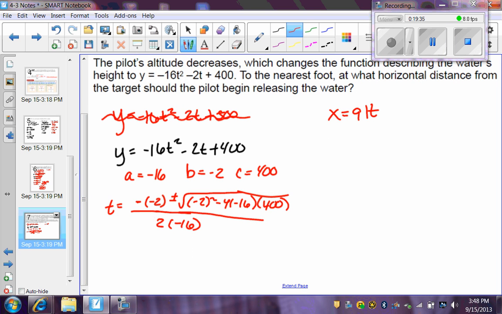So negative and a negative makes a positive 2, plus or minus. Negative 2 squared is 4. Negative 4 times negative 16 times 400 gives me a positive 25600, all over negative 32.